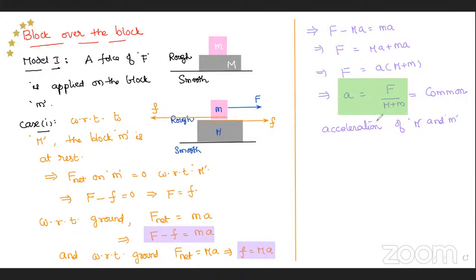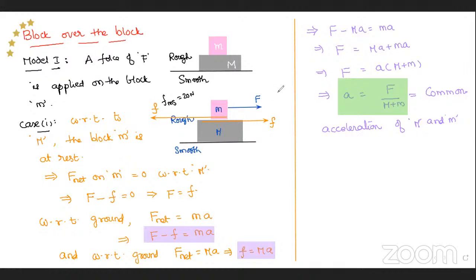Thank you. This is the common acceleration. And here my case is what I am saying. Unless and until the applied force, better I say, FMS is equals to say some 20 newtons between the two blocks.